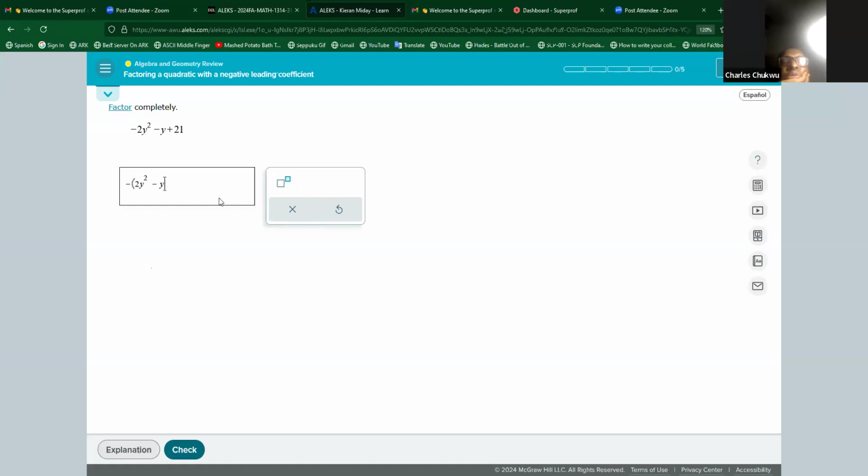Oh, that's going to be a plus. Yeah, plus 21. The minus y would also be plus y. Do you get it? I see your logic. Then the 21 will now be minus 21. Yeah, because it has to be.